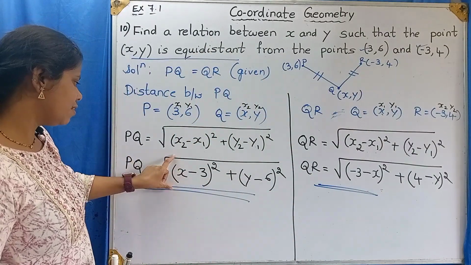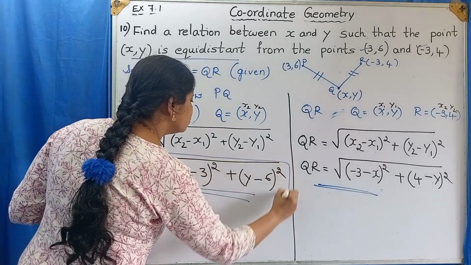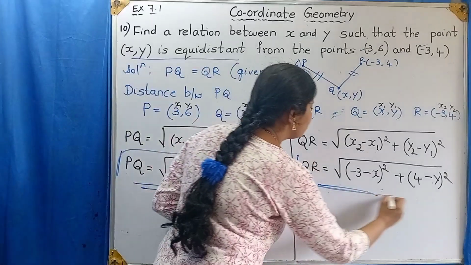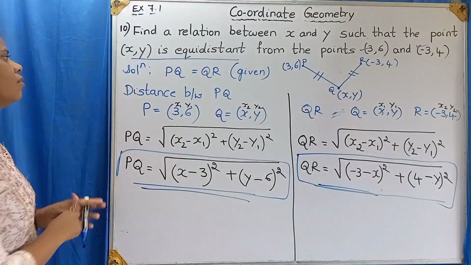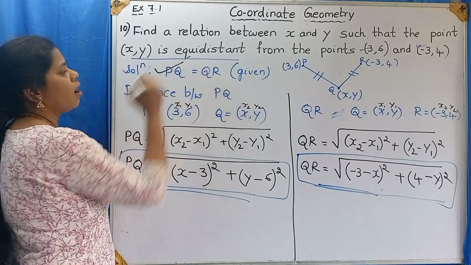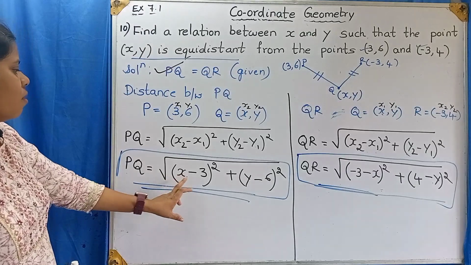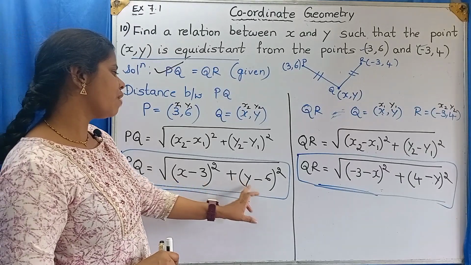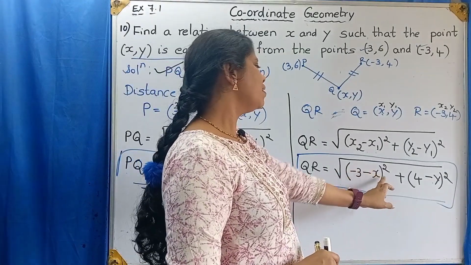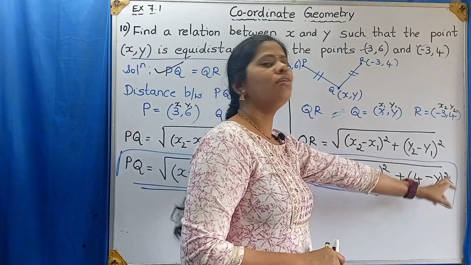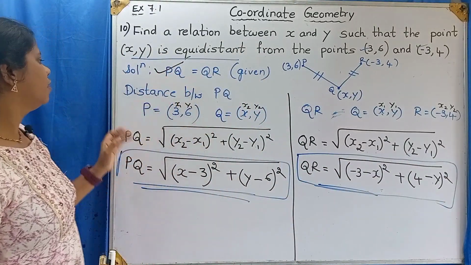This is the distance between the points P and Q, and this is the distance between the points Q and R. But look at the condition. PQ is equal to QR. Means we can write that square root of (x minus 3) the whole square plus (y minus 6) the whole square is equal to square root of (minus 3 minus x) the whole square plus (4 minus y) the whole square. Let me rub this.